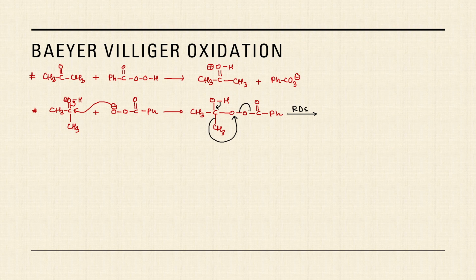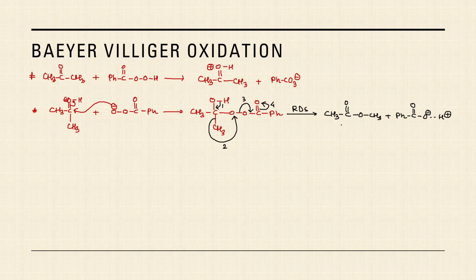This one comes over here and this one goes out. So देखिए ये first step है movement का. This is second, this is third, and this is fourth. In doing so, we will be getting CH3 C double bond O CH3 plus Ph C double bond O minus, which will be eventually bonded to H plus.